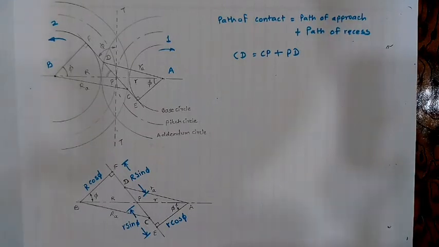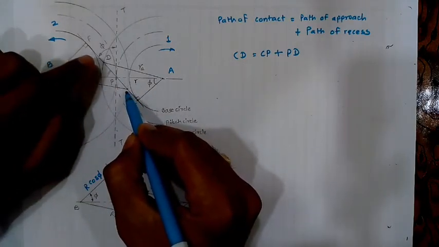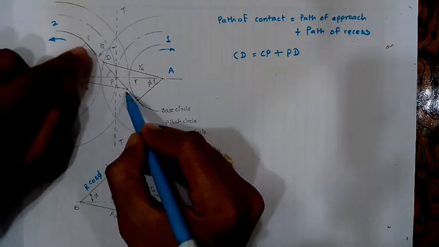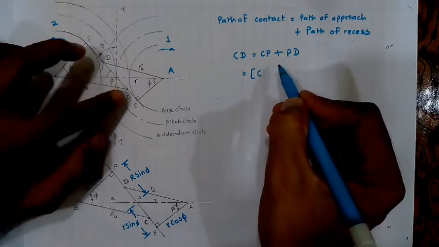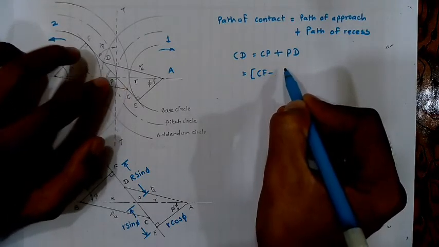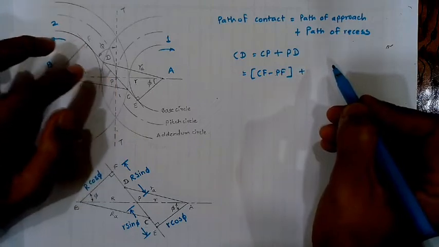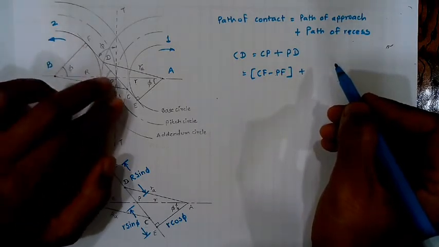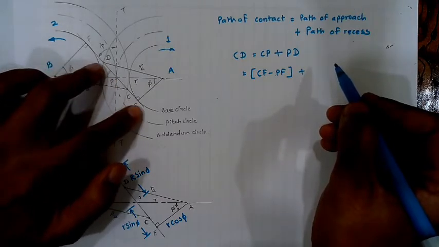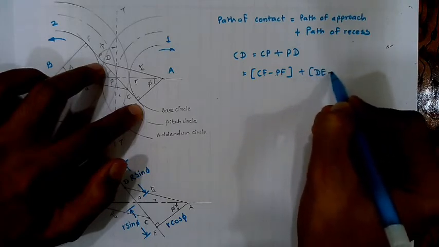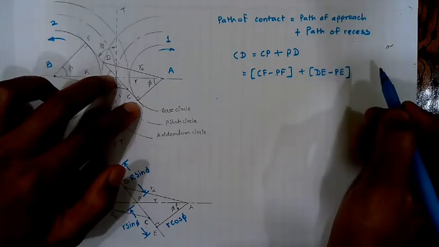Now instead of CP, I will rewrite this CP distance as CF minus PF, plus PD, and I will write the distance PD as DE minus PE.